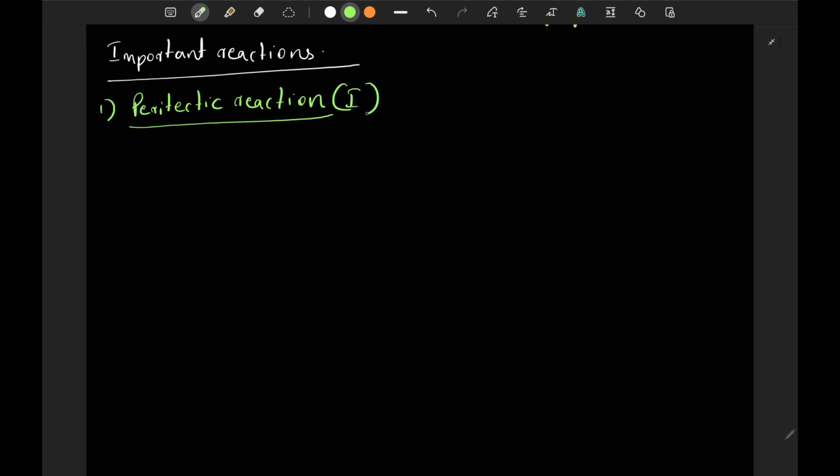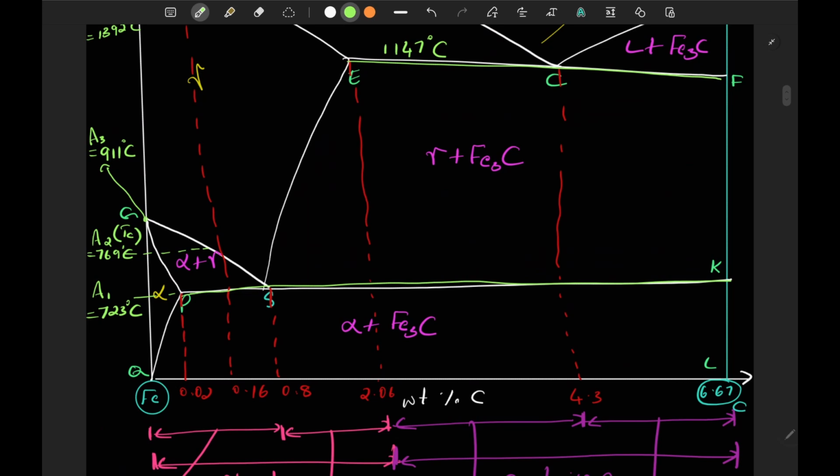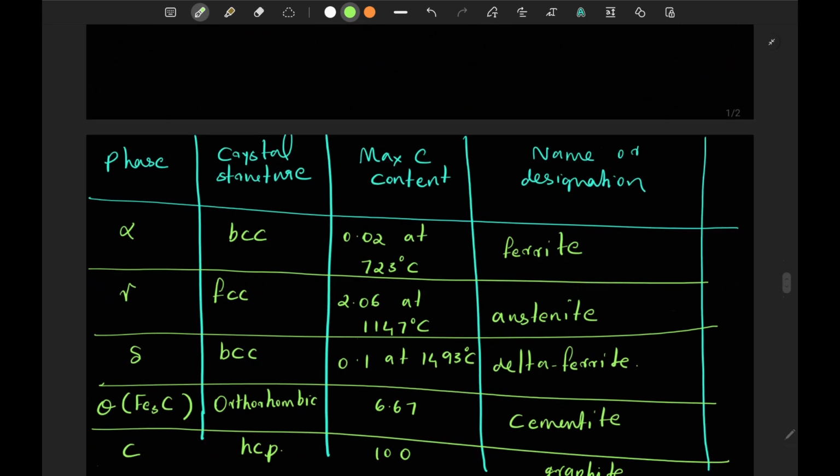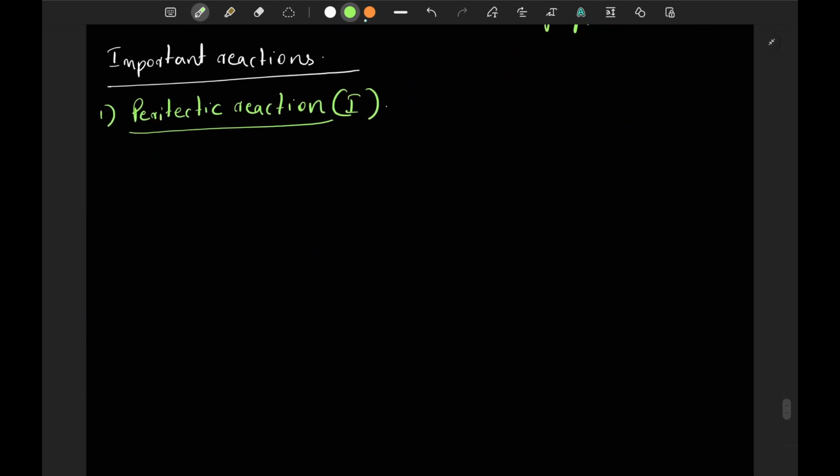At point I, we have delta plus L giving gamma, temperature 1493 degrees Celsius, and a carbon content of 0.16% carbon.